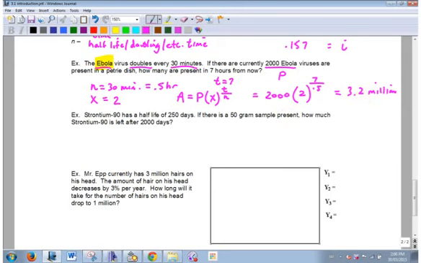Okay, 2 more. Strontium-90 has a half-life, x is a half, of 250 days. That's the half-life time. There's 50 grams presently. How much is left after 2,000 days?